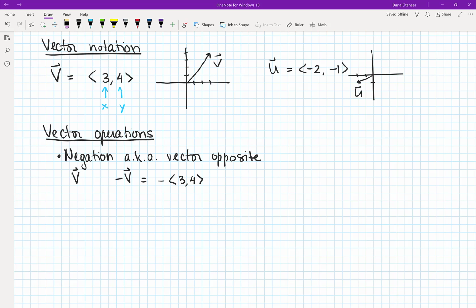I'm distributing this negative sign to both the x and y part of this vector, and that's it. Graphically, the opposite of vector v is going to have exactly the same magnitude and direction, but pointing in the opposite way. That's -v. This is not particularly difficult.